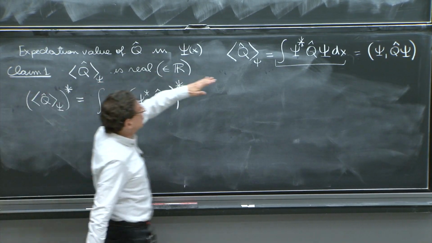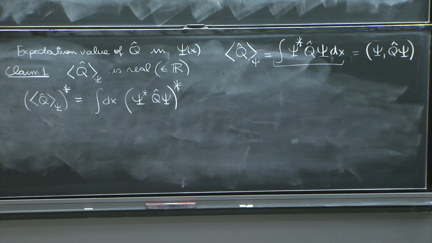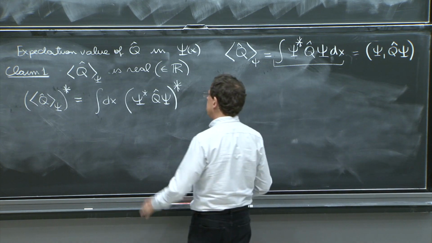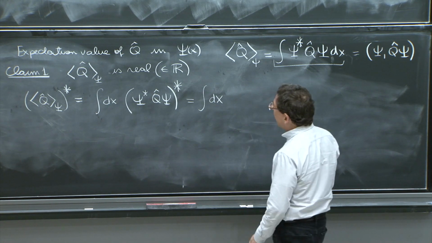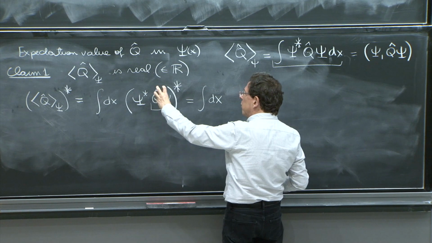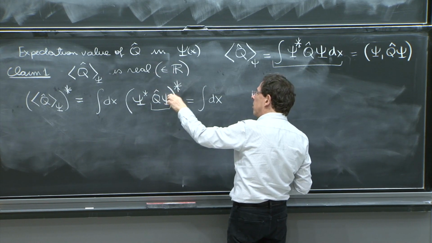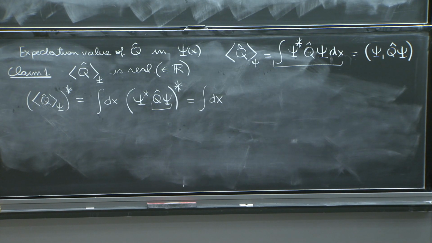I took this right-hand side, the integrand, I copied it, and now I complex conjugate it. That's what you mean by complex conjugating an integral. But this is equal to the integral dx. Now I have a product of two functions here, psi star and Q that has acted on psi. So that's how I think. I never think of conjugating Q. Q is a set of operations that have acted on psi, and I'm just going to conjugate the result.